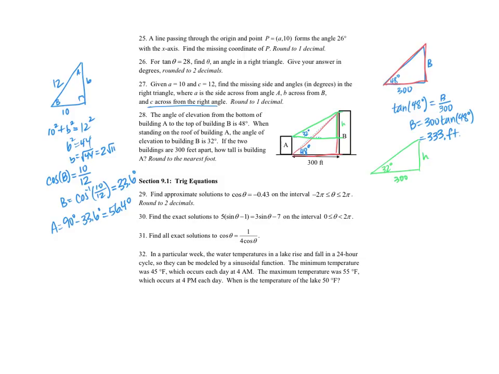And so I know that tangent of 32 degrees is equal to H over 300, or in other words, H is equal to 300 tangent of 32 degrees. And so if I type that in, I get 187.46.